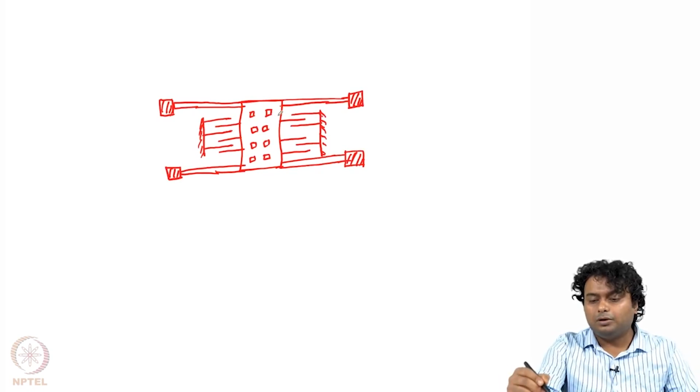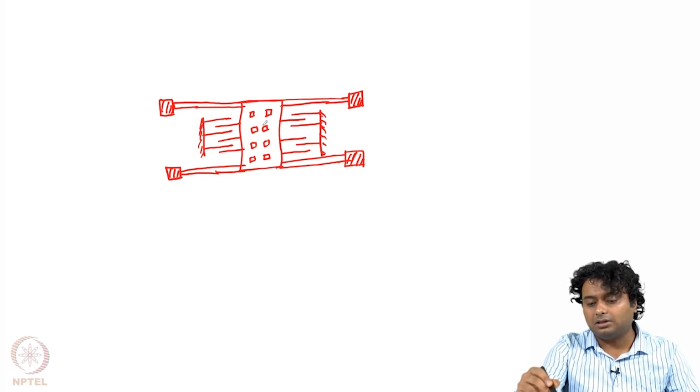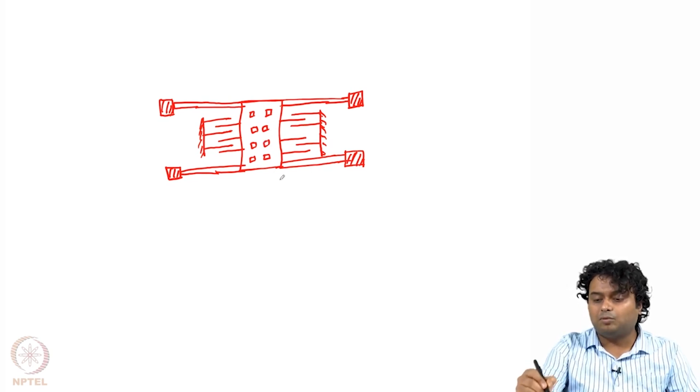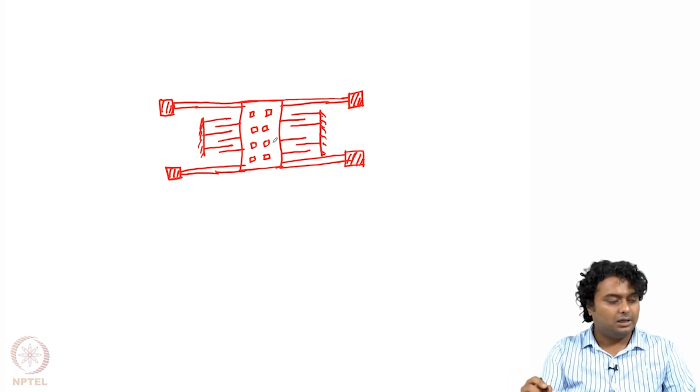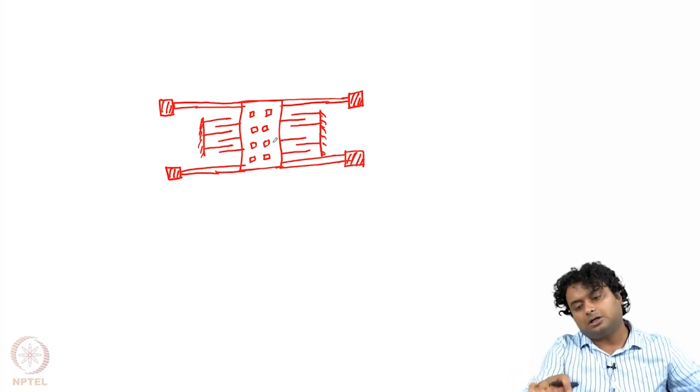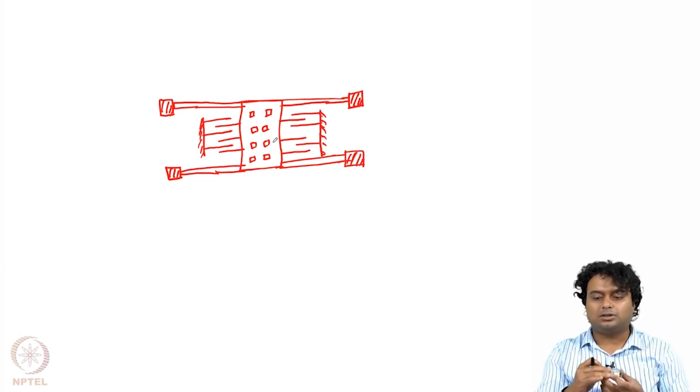Now we measure the capacitance between the fixed plates and the moving plates, or the membrane, the proof mass. Let us say this sensor is put on this body.